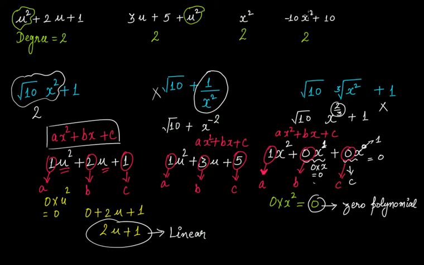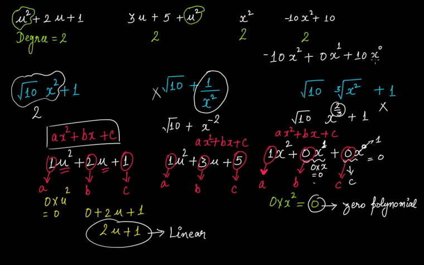Same thing is here. In this case, this is minus 10x squared plus 10. So this is minus 10x squared. We can write it as minus 10x squared plus 0 x raised to power of 1 plus 10 x raised to power of 0. 0 multiplied by x means 0. That's what we have here, therefore b is 0. 10 multiplied by x raised to power of 0 means what?